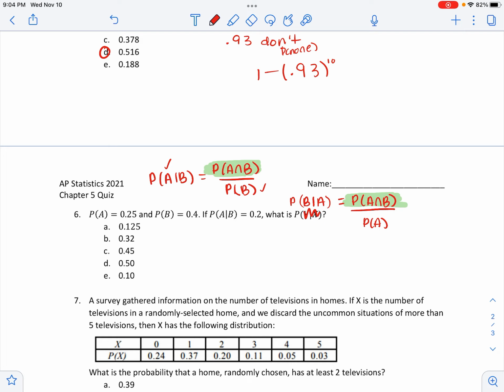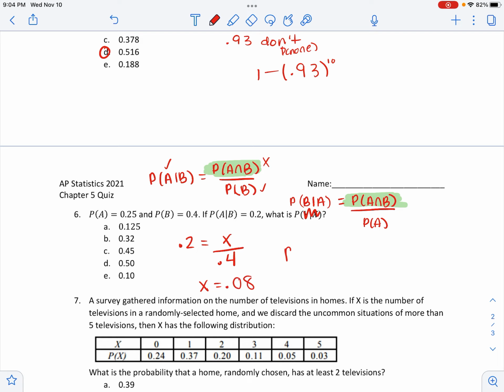So first step is to plug in probability of A given B is 0.2 equals, I'm just going to put X for our unknown, X over the probability of B is 0.4. I'm going to solve this for X, and I get 0.08.